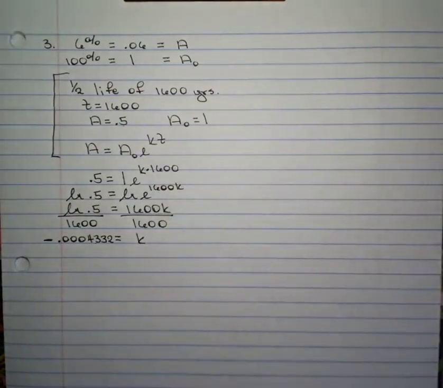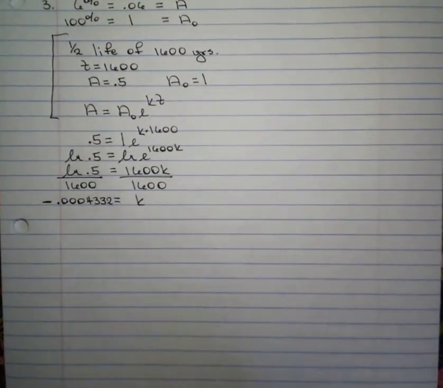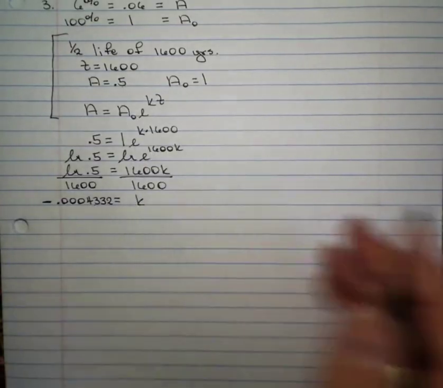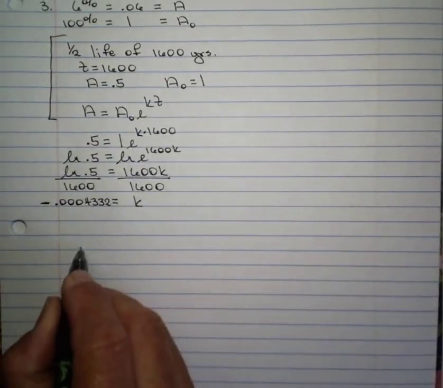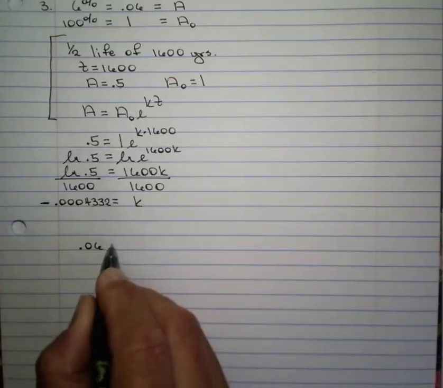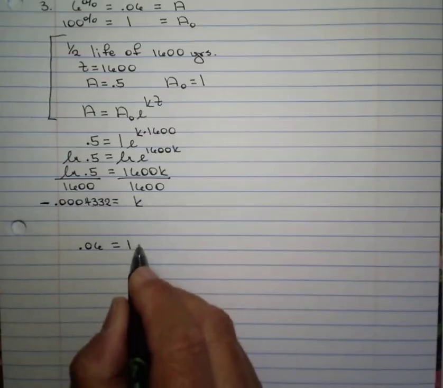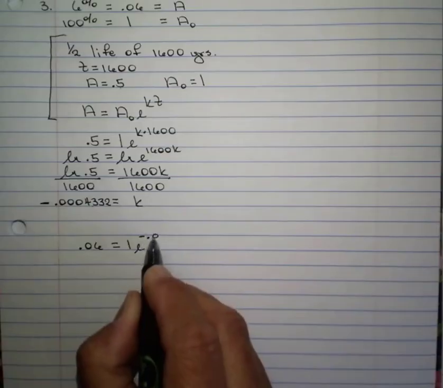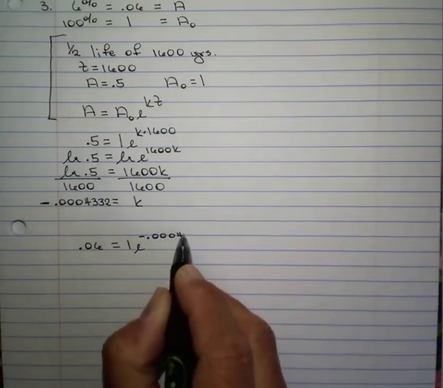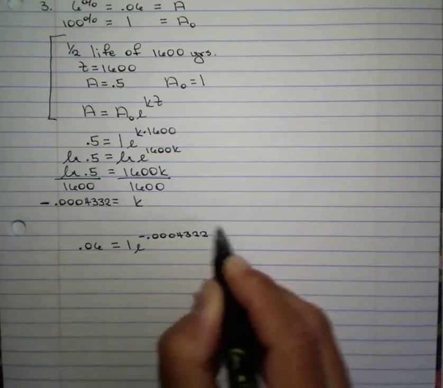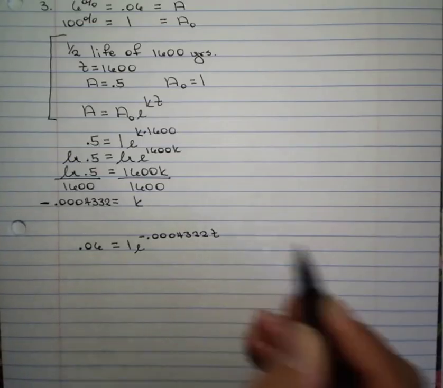So now let's see if we can plug it in and say, what's it going to take to get to 6%? 6% we know is going to be 0.06. That's the amount we're interested in getting to. It started at 1, didn't it? And then I can say times e to the power of negative 0.0004322, and it's times time, t.